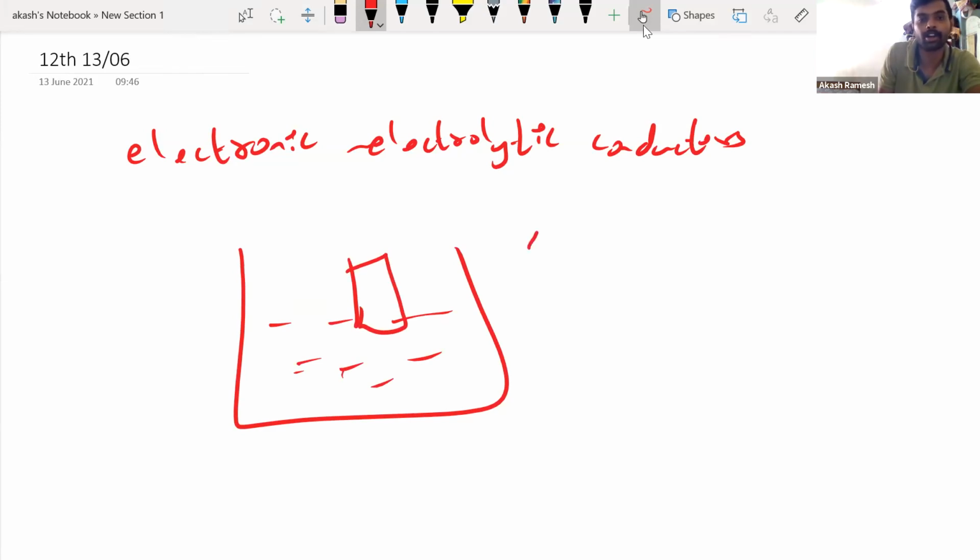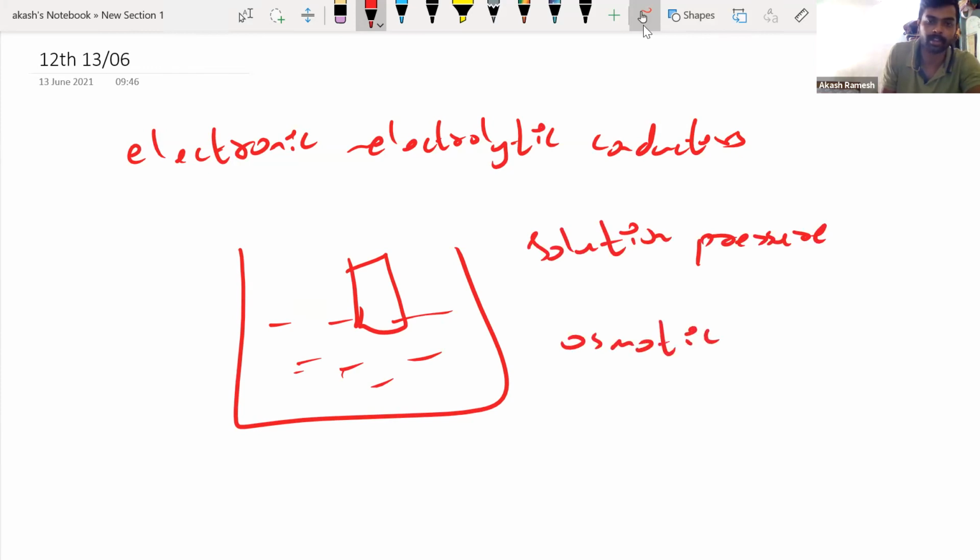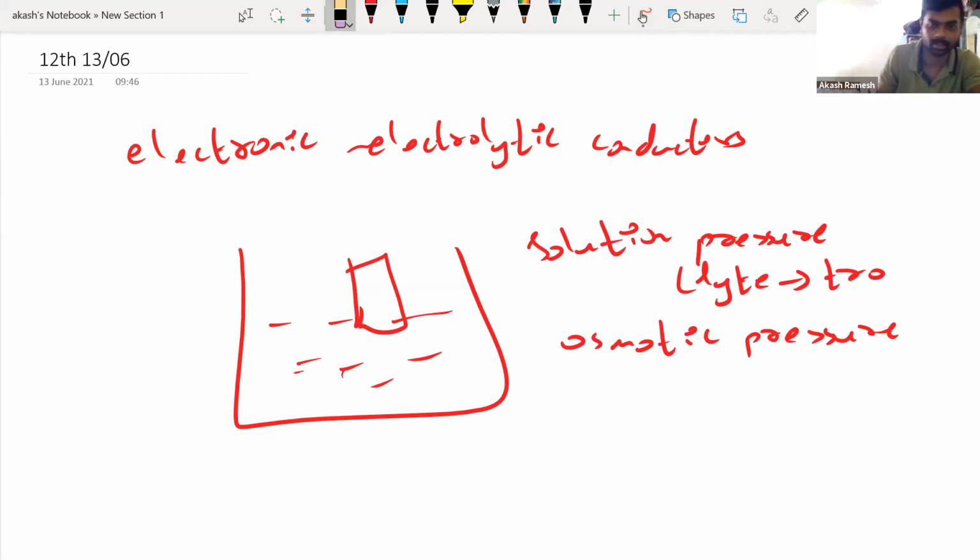Depending on these two values, solution pressure and osmotic pressure, right? So here, from the electrolyte to the electrode.